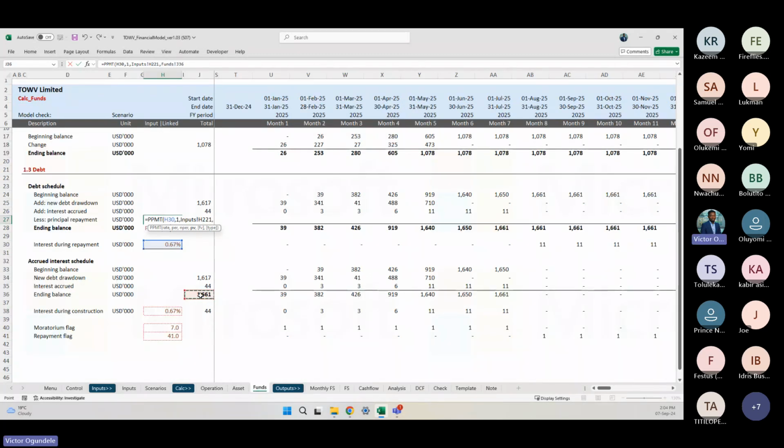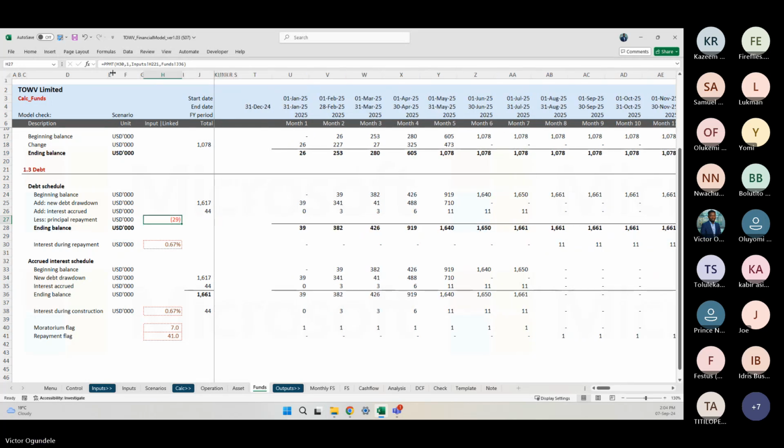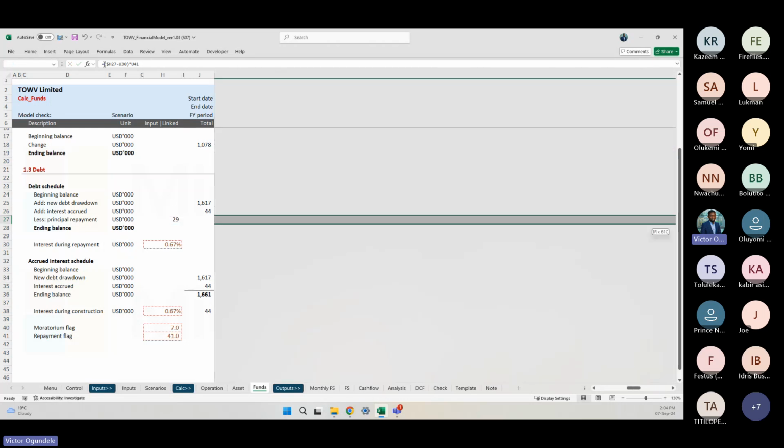Let me check if it gives us what we need. Especially when it comes to this kind of monthly model, we can use PMT, PPMT, and some other methods. But let me check this. I think this should be a simpler method. Don't do it yet. Let me look at whether it suits what we have here.